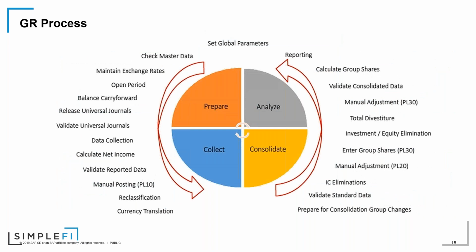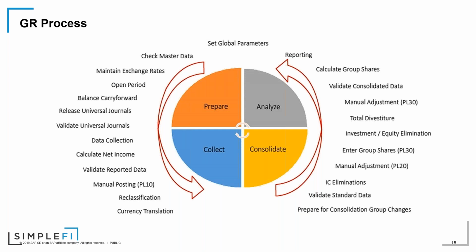So here's just another breakdown of additional tasks within the group reporting process. Again, you can see these 4 main process areas where we're collecting, preparing, then consolidating, then analyzing.